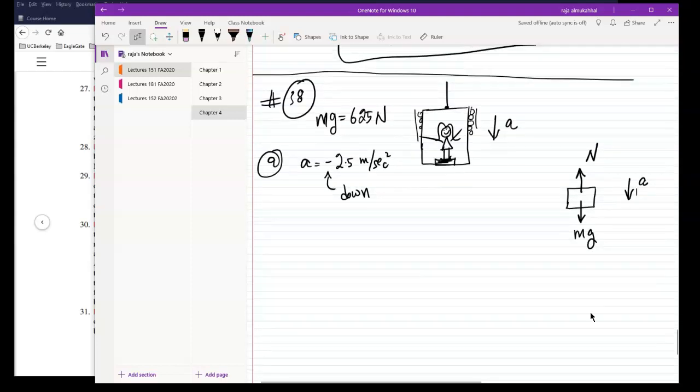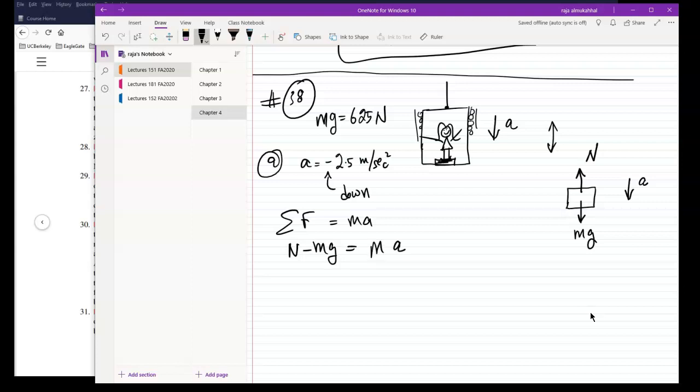Let me show you. Again, all the motion here is in the y direction, so I don't need to write subscript y. I can write it this way, but that's just redundant. There is no motion in the x direction, so I'm just going to remove those y's. So what are the forces here, guys? There are two of them. The normal, N minus mg equals ma, correct?